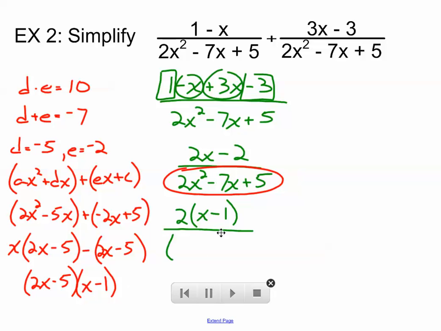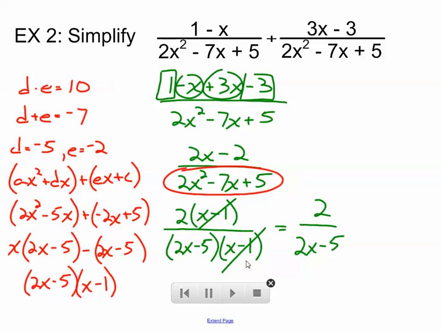Factor the bottom, we just did that. And it's a good thing we did that because the x minus 1s will cancel out and leave us with our answer, which is 2 over 2x minus 5. So a little bit of an added step there. I thought it was going to be a little bit easier than that, but we needed to factor the denominator and simplify.